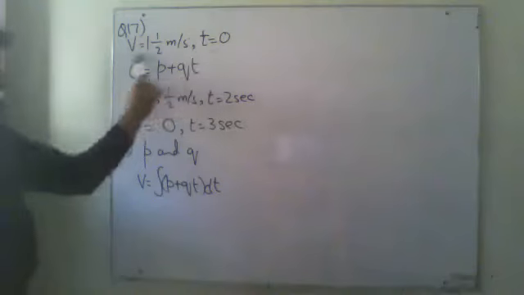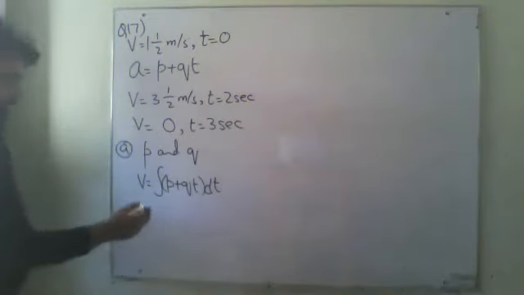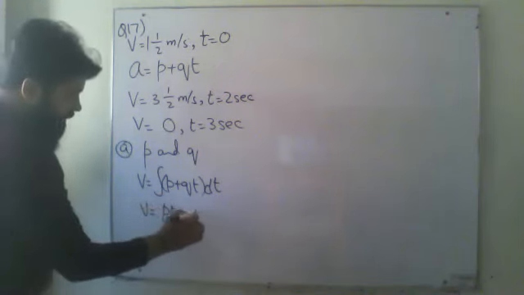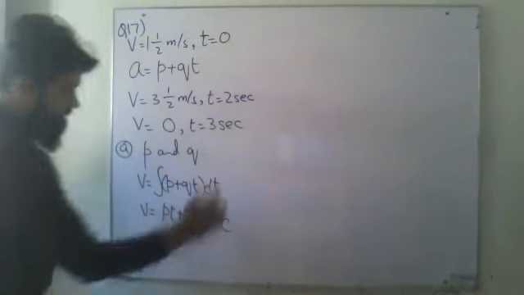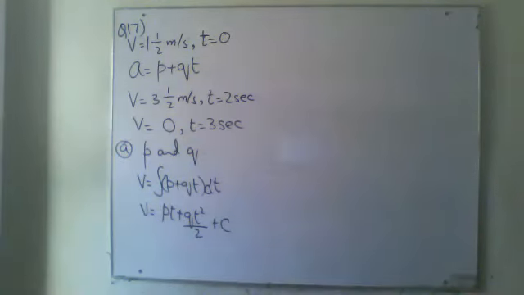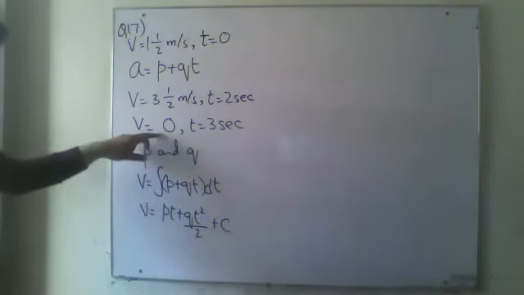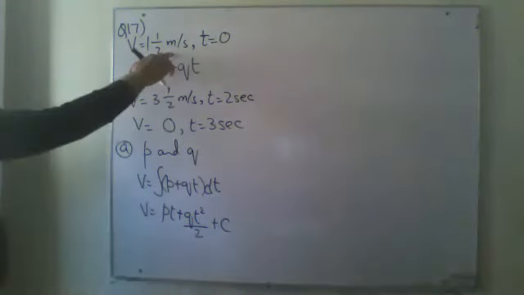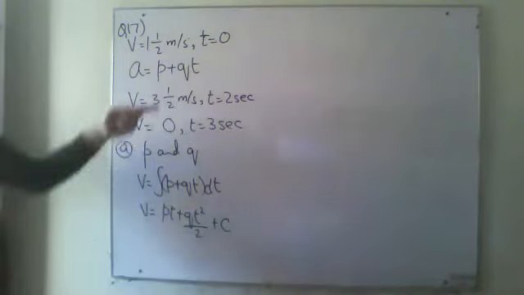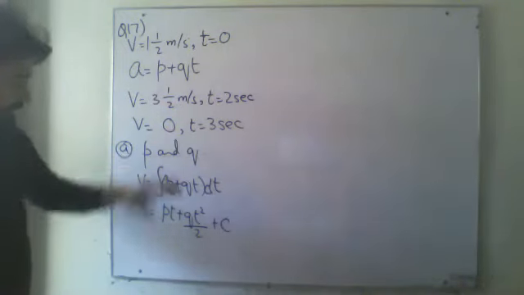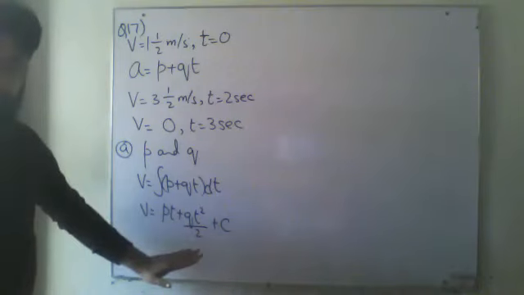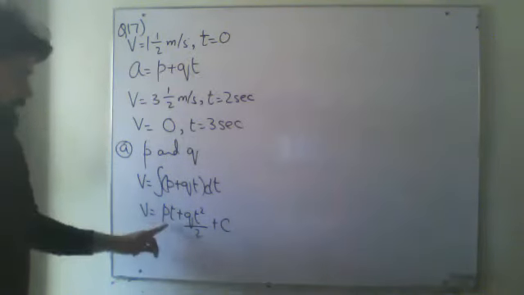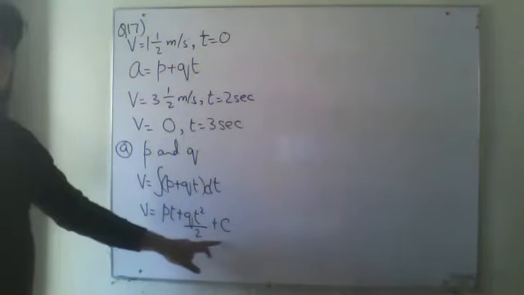When I integrate it, this will become pt plus qt squared over 2 plus C. If I take the other values, the values of p and q will remain there and I will not get the value of C. So I'm taking t equals 0, because that will make these terms gone and I will get the value of C directly.